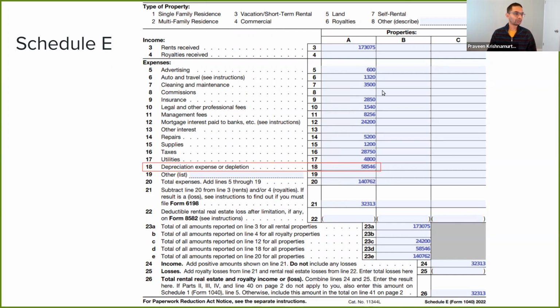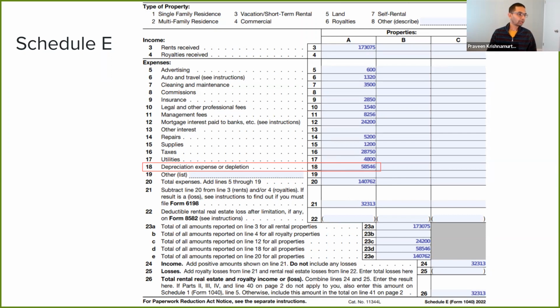The biggest expense in that is depreciation, which is not an out-of-pocket expense. It's a phantom expense, which means that your real cash flow is 32,000 plus 58,000. So your cash flow from the property is around 90,000 per year, but you're paying taxes on 32,000. Isn't that great? That's exactly what depreciation does.